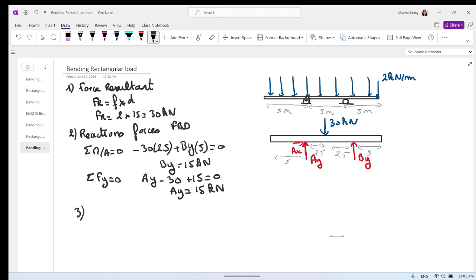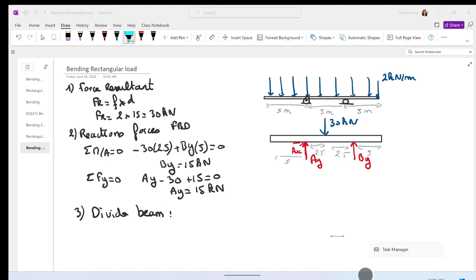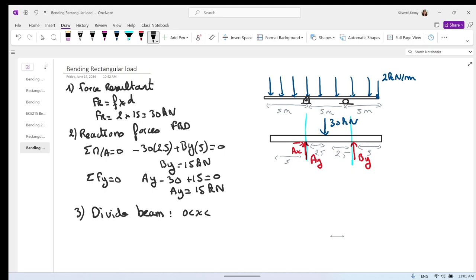Step number 3, we will need to divide our beam. We divide the beam everywhere we have a jump, a force that is applied. We need to stop there. So we will separate the beam at 5 meters and 10 meters. So we will study 0 to 5, 5 to 10, and 10 to 15.